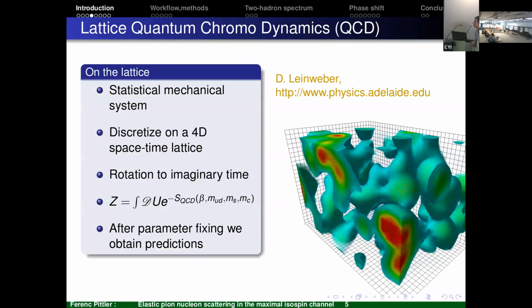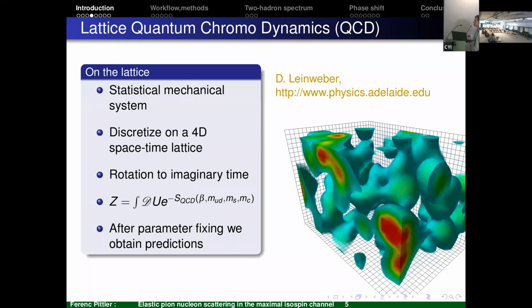Okay. So what we use is lattice quantum chromodynamics. We basically discretize the theory of quantum chromodynamics on a lattice. This will be a statistical mechanical system on a four-dimensional space-time lattice. You can see here an example.